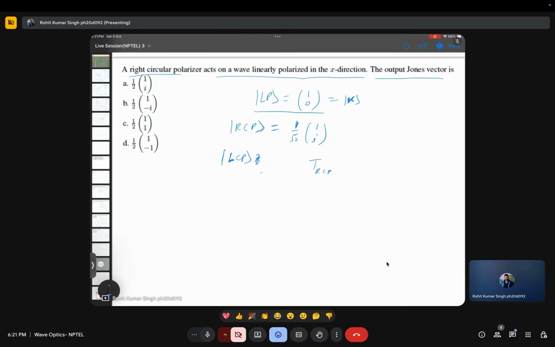Okay. Now here comes the power of the Jones matrix, because even if you don't know anything about optics, if someone is from the mathematics department and you just give them this information, they will solve this problem in a fraction of a second, because they know linear algebra.